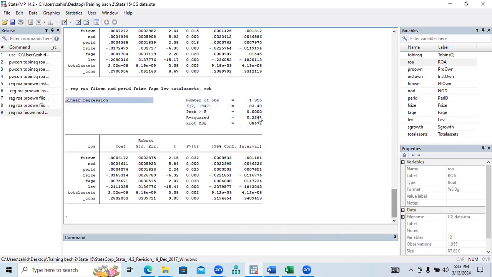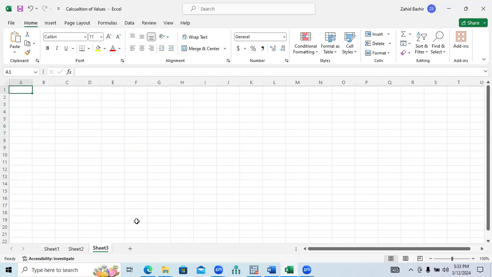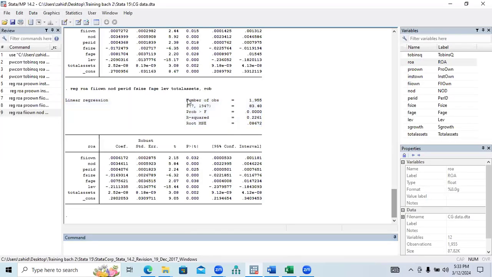These are the things which you need to put in your regression table. You can copy it from here. You can put in the Excel sheet just like this, and you can copy them. If they are not visible, you just need to copy from here like this.